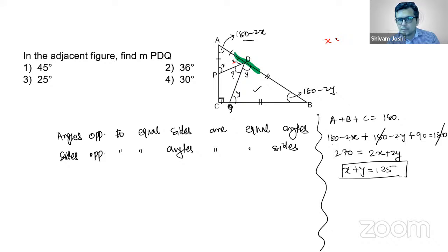X plus, this is the unknown that we want to find out, let's call it Z, plus Y will make a straight line. So that's 180. Out of which I already know the value of x plus y. So this plus this is 135, plus z is 180, and therefore z has to be 45.